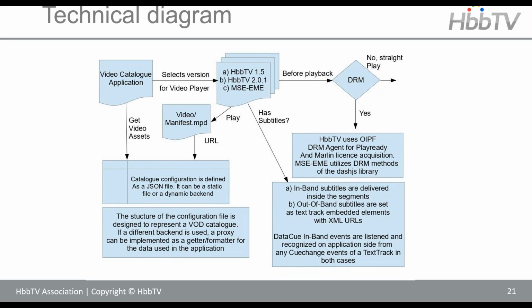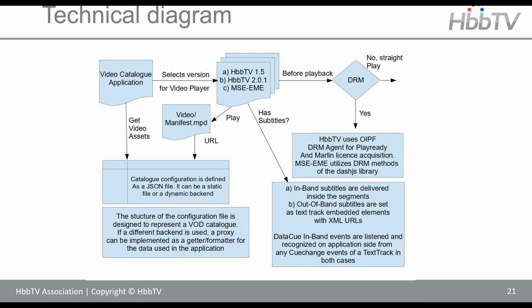Here is briefly how the client application works. You can all check this later. Basically it's a VOD application that looks like a VOD application. It reads a catalog file, and then according to whether it's an HbbTV 1.5 device or an HbbTV 2.0 device, it will select the correct video player and start the playback.